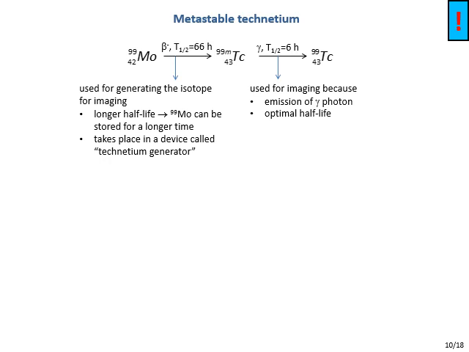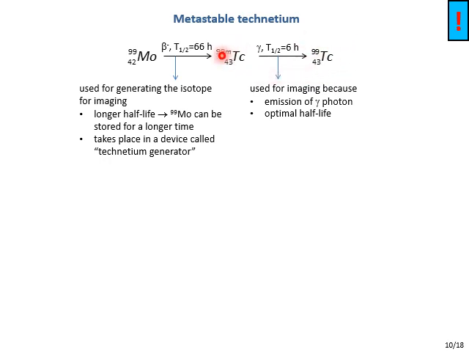In this figure, I would like to explain what the optimal properties of radioactive metastable technetium are, and how it can be produced and used for medical imaging. As you can see, metastable technetium decays by gamma decay with an optimal half-life of 6 hours, and a stable technetium is produced.